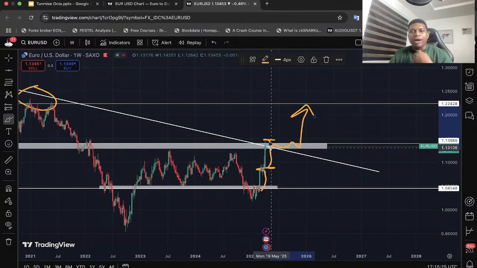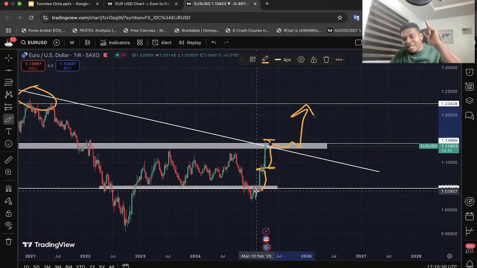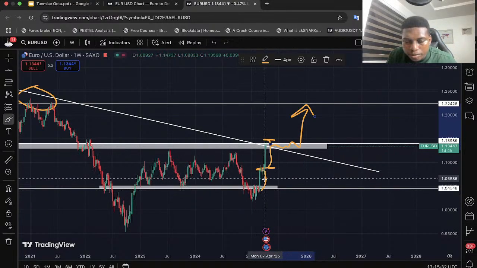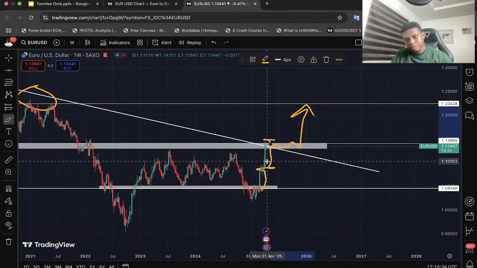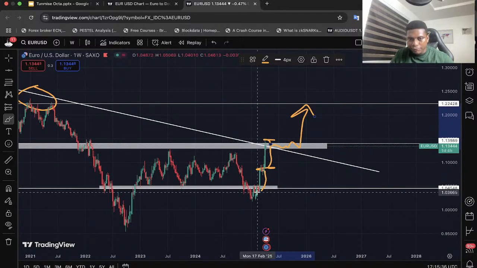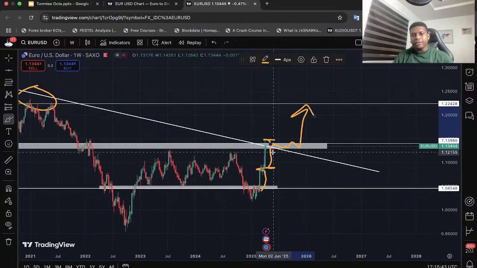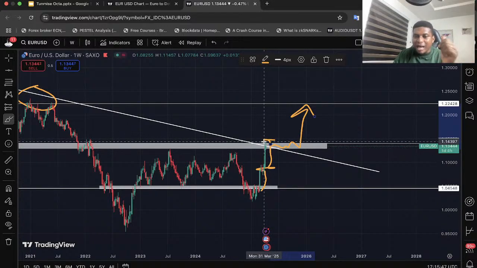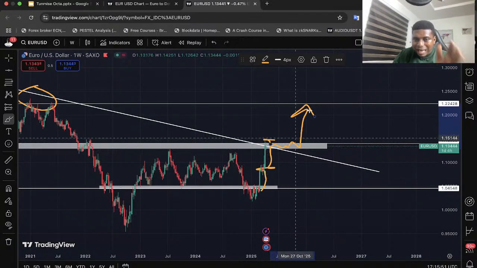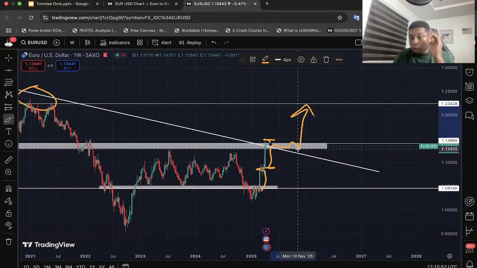Okay, now why did I say that? Number one, I've already explained, because of the buying power that has come in from this level, pushing up. All right. And the next thing is the possibility and the higher chance that price would consolidate and break out to the upside from this level.